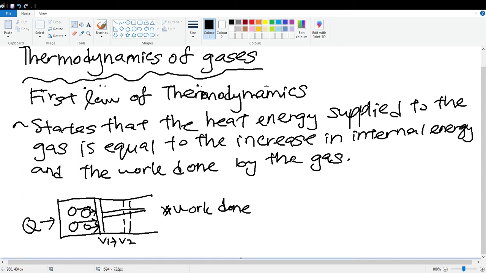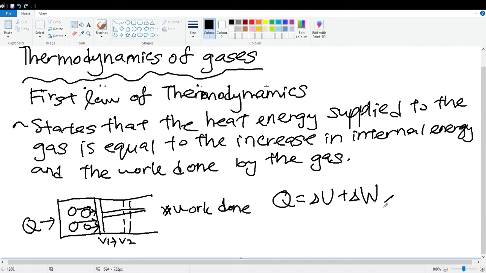I repeat again, when heat is supplied to the gas, the internal energy of the gas will increase. The increase in internal energy will collide with the wall of the piston. So the wall of the piston will eventually move from V1 to V2, hence there is work done by the gas.